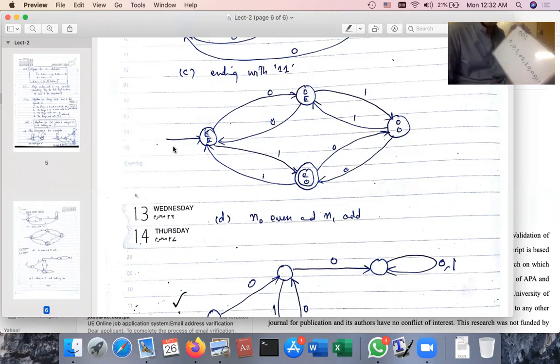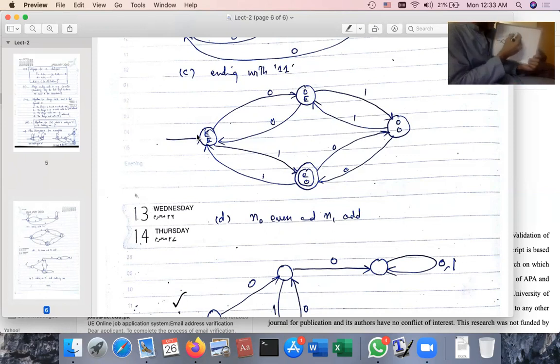Now look over here on the notes and you can see this is the starting state. So I can draw something like that. By taking 0, I am moving towards another state. Minimum string is 0 0 1.